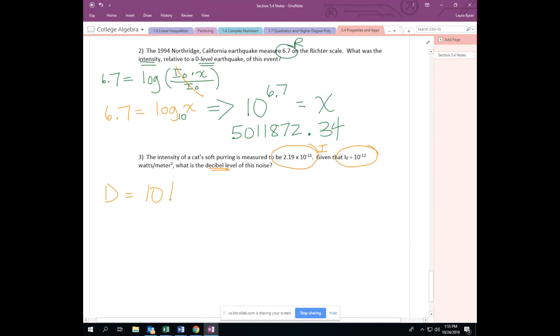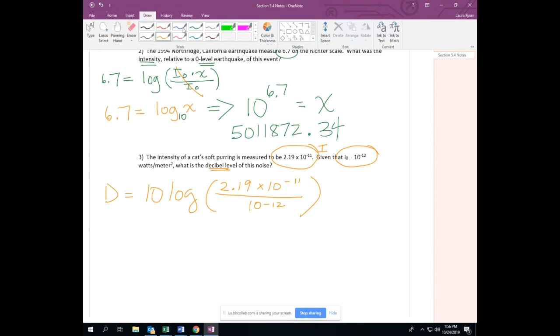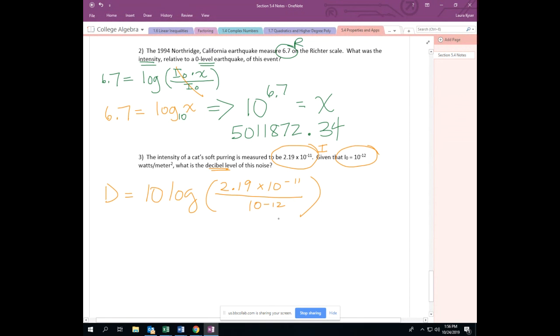And it's 10 times the log of I, which is this value here, 2.19 times 10 to the negative 11, divided by this value here, 10 to the negative 12. Now, I know it's hard to maybe see this right off the bat, but this thing can be simplified because it has these like terms involved in the quotient.